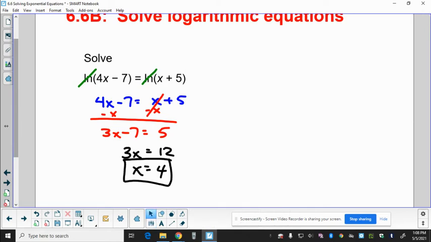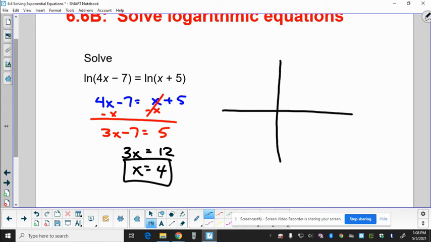Now, what you need to do in these problems is when you are finished, you gotta remember something. The graph of a logarithm is the inverse of an exponential. So it looks something like this, where the y-axis is an asymptote.